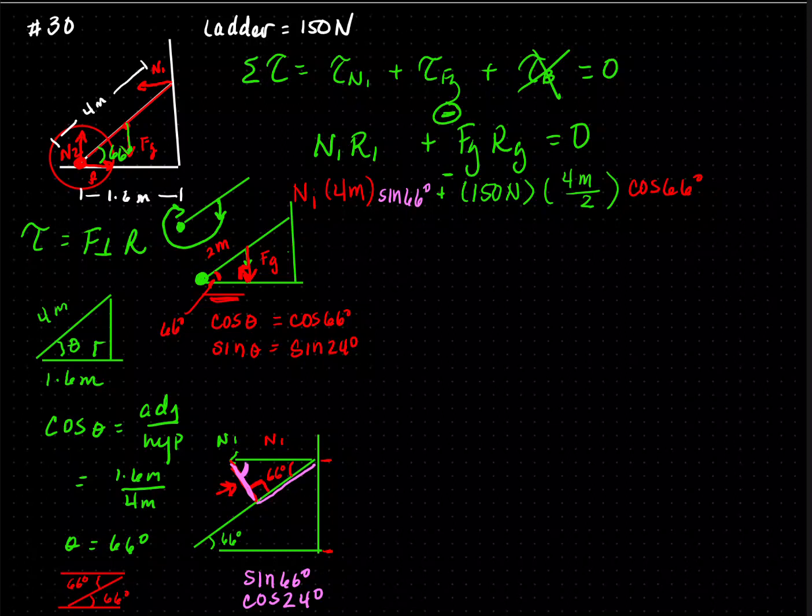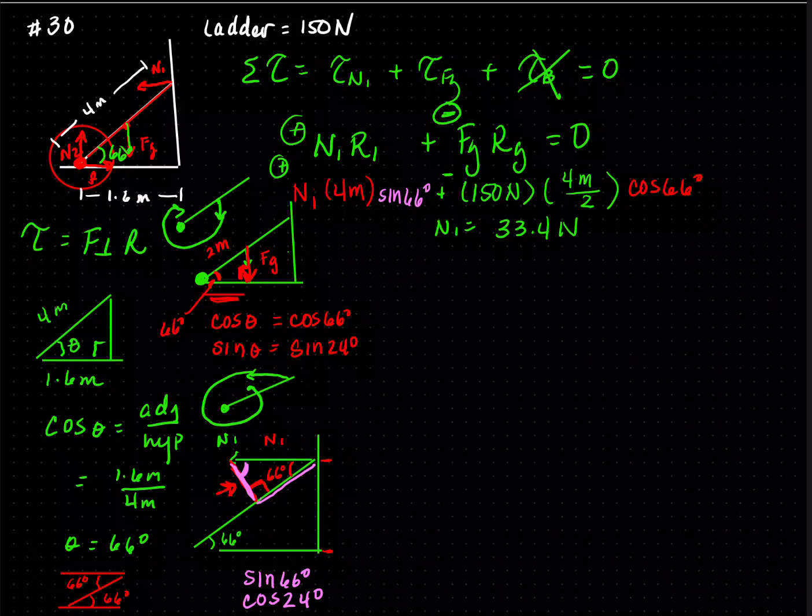My N normal, again, my pivot point's down here. This is my ladder or lever arm. My force is going towards the left, so when I rotate it, it's going to go counterclockwise. So this is going to be positive. So N1 equals 33.4 newtons.